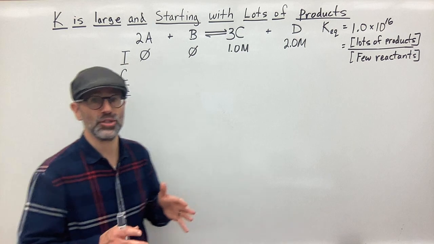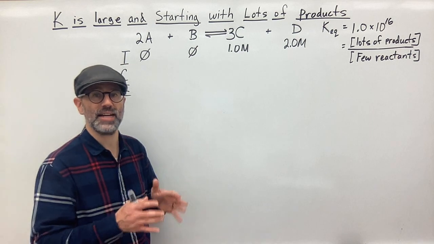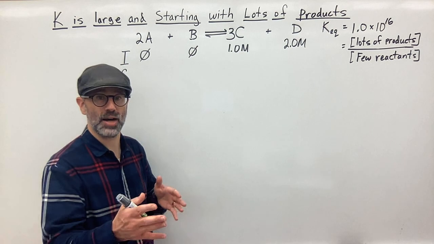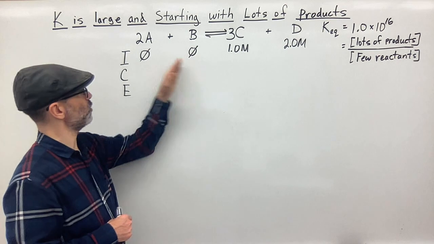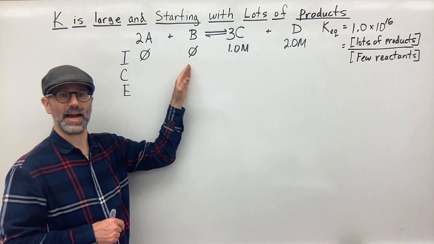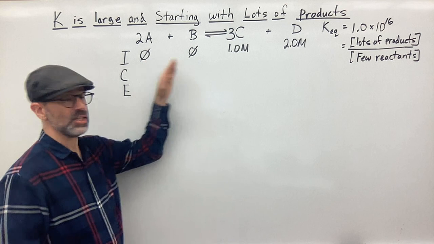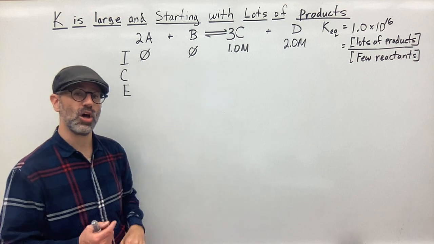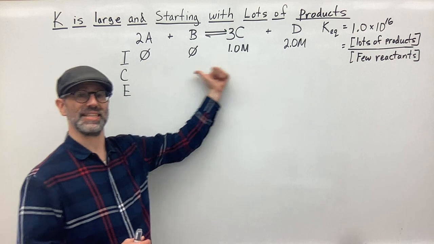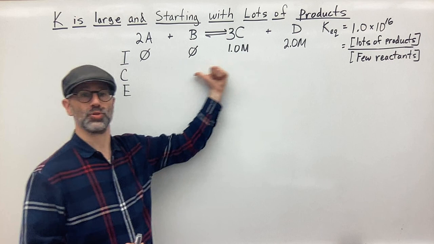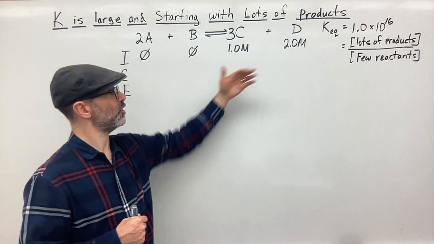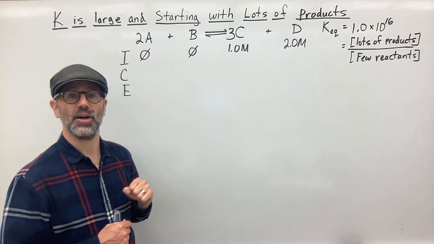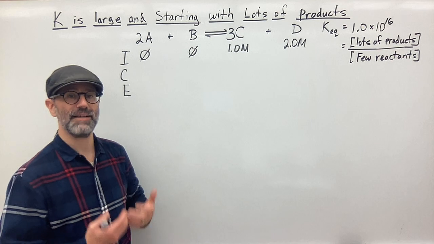Here we're starting with a reaction that has a K value that favors products, and on top of that, we are starting out with zero amount of reactants. Because we have zero reactants, we know it's got to shift towards reactants. But keep in mind, based on our K value, the reactant side is not favored.